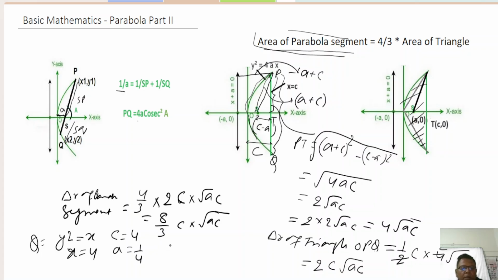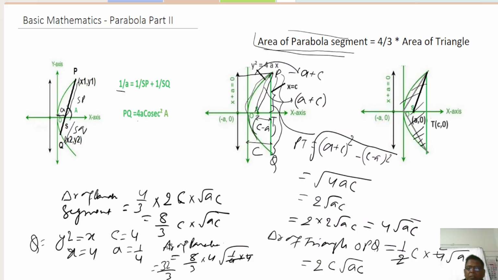Then the area of the parabola will be 8 by 3 into 4 into root of 1 by 4 into 4, that is equal to 32 by 3. This is the answer.